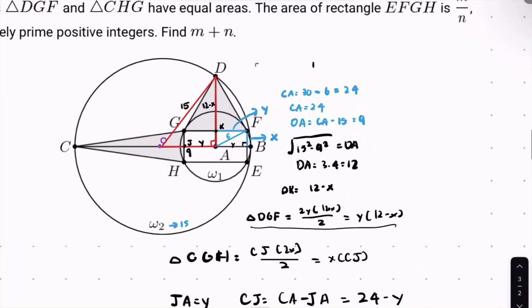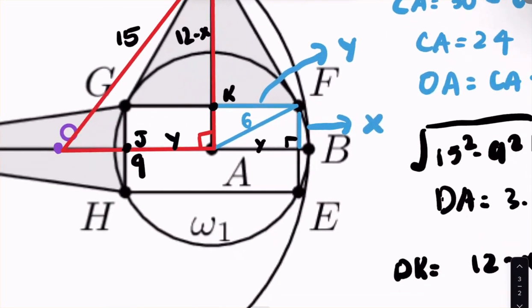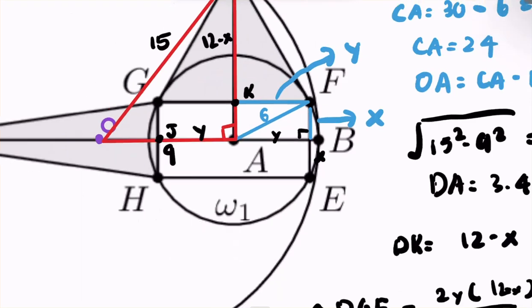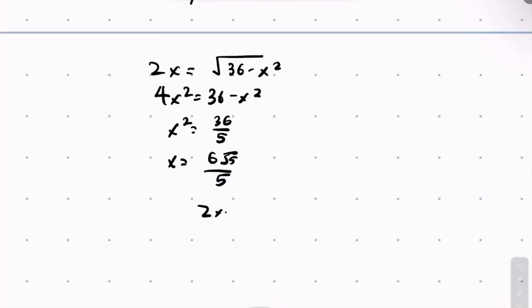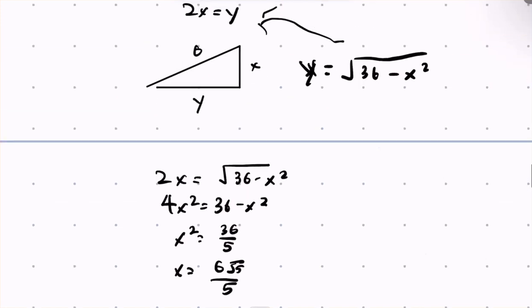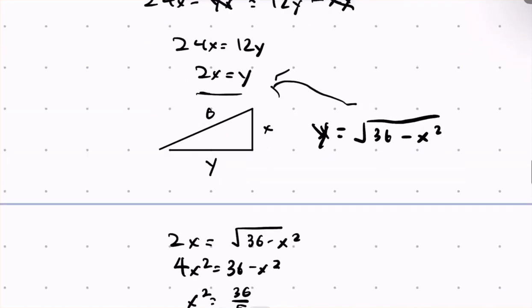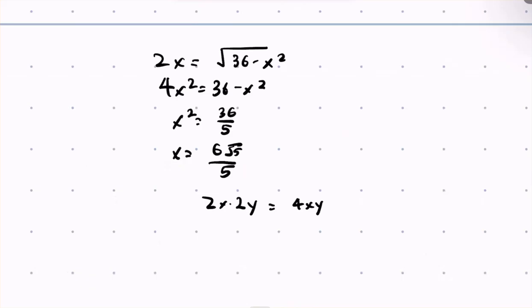Now we need to find the area of rectangle EFGH. Since this is 2x and that's 2y, we're looking for 2x times 2y, which is equal to 4xy. And we know that y is equal to 2x, so y will be equal to 2 times 6 root 5 over 5, which is 12 root 5 over 5.